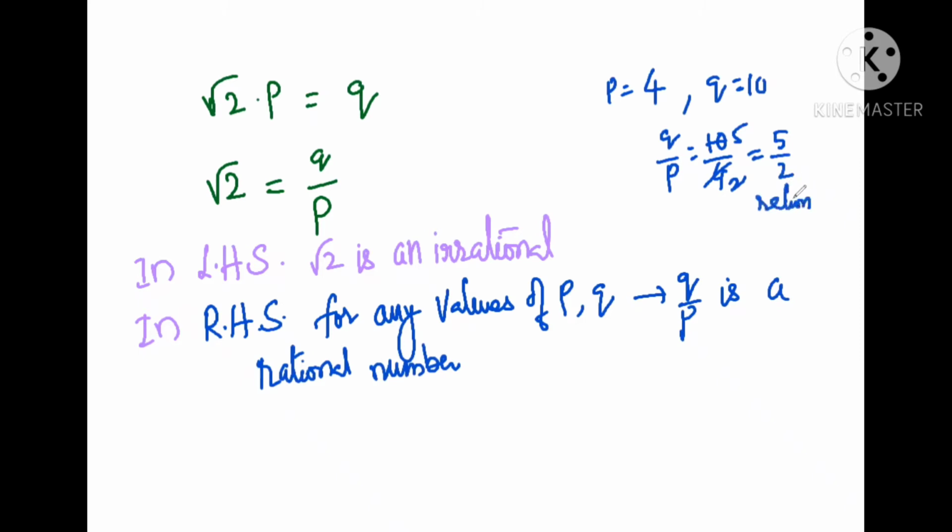It is rational. So if you take any values, it cannot be equal to root 2. So here we got LHS irrational, and RHS side rational. Is it equal? Rational cannot be equal. This is false.